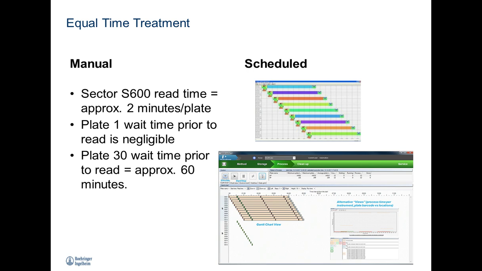And since these are the same methods being performed over time, you can compare plate 1 within your campaign to plate 400 in your campaign that was screened 4 months later, because they are directly comparable under the same methods with equal time treatment across a large facet of time.